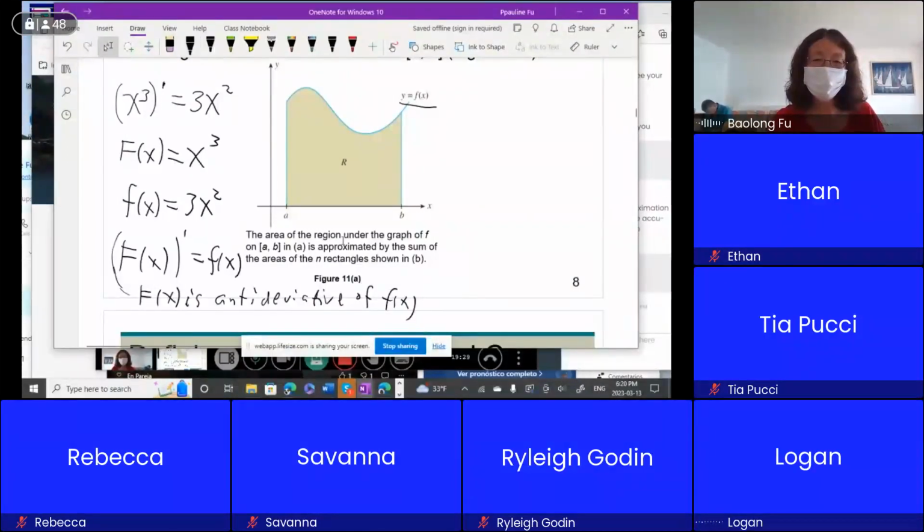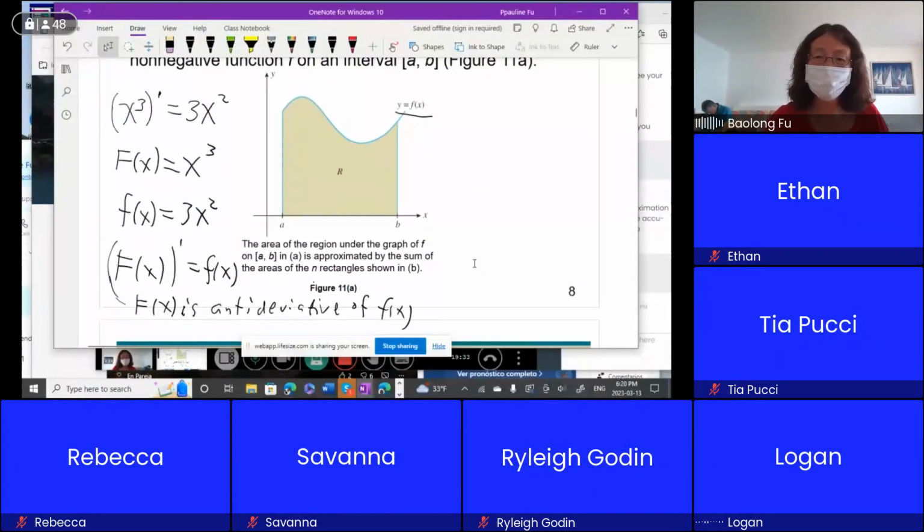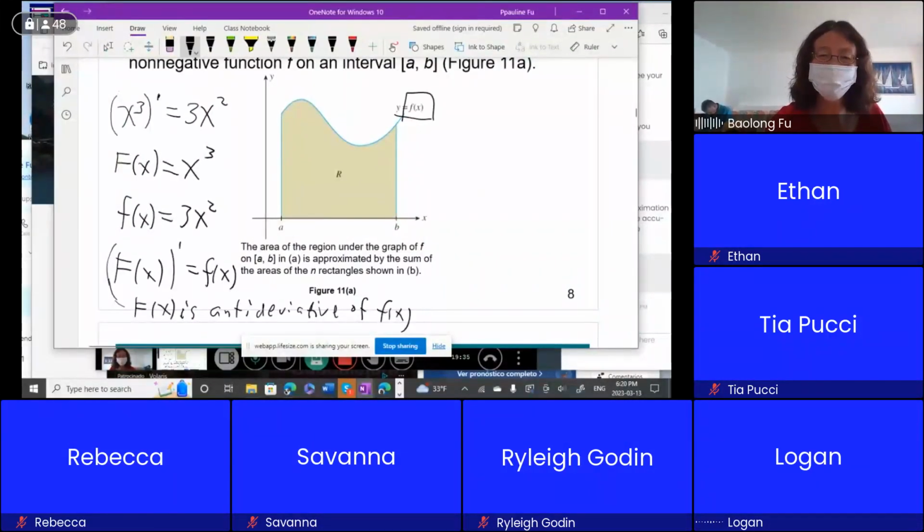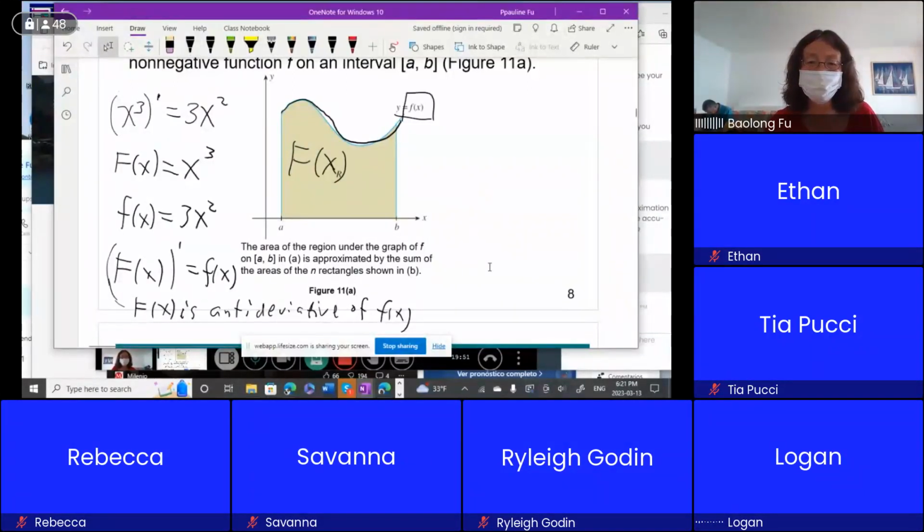Okay, so that is from last class. Graphical representation, if this curve is f(x), where is capital F(x)? This area is capital F(x). This is the graphical relationship between small f(x) and the capital F(x). Okay, algebraic relationship is here.